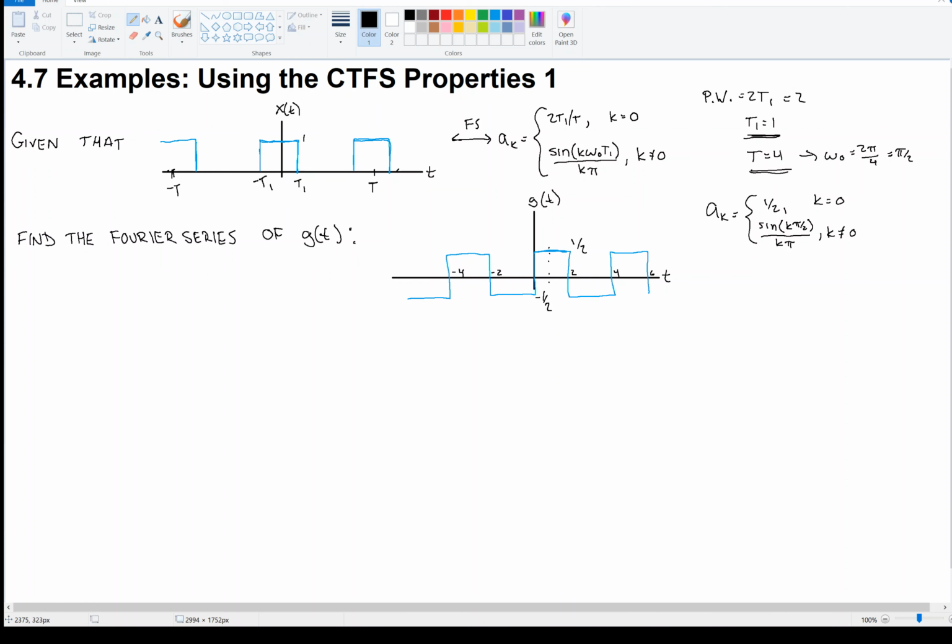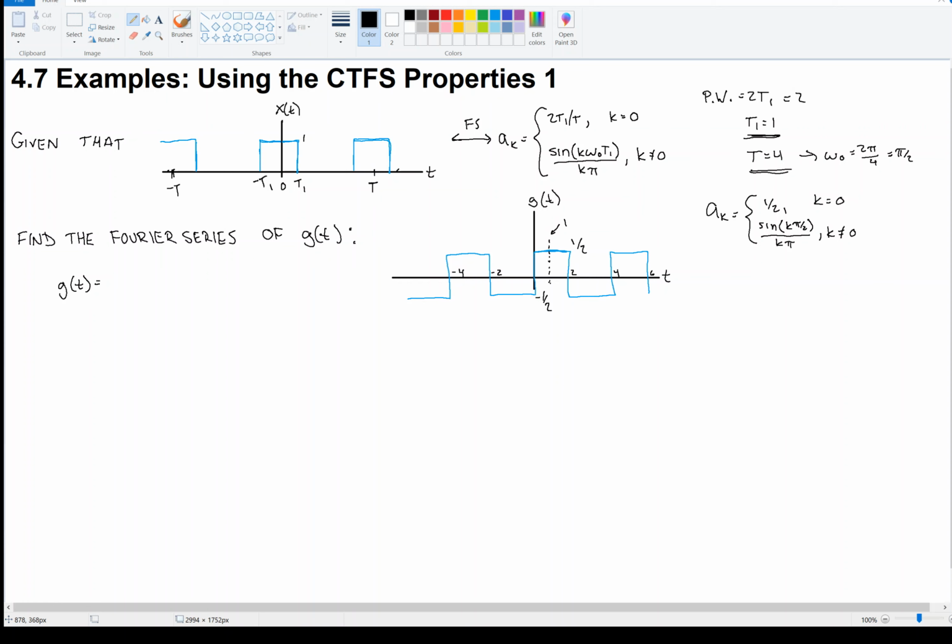Now, how is x related to g? Well, if we take x of t, notice we have to delay it by 1 unit. Why 1 unit? Because the center of that pulse happens at t equals 1, where the center of x of t happens at 0.